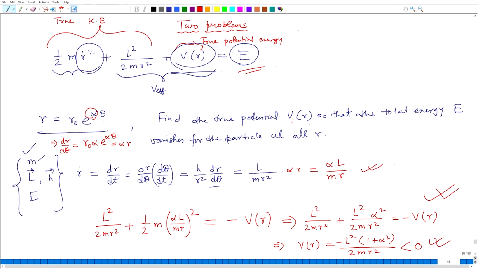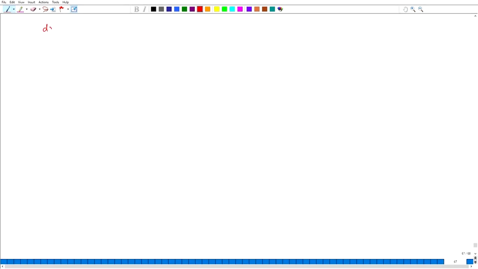So, we have already discussed that if I give you some orbit, then how to solve for the force law. You know there are 2 methods. One is the formula associating dr d theta, another is the formula using du d theta and their higher order derivatives.